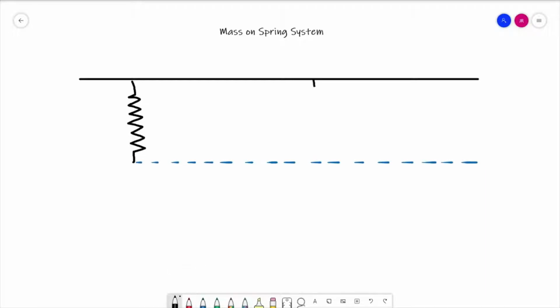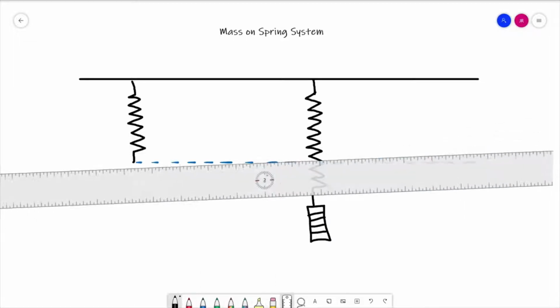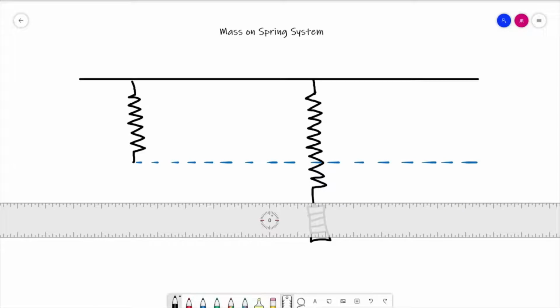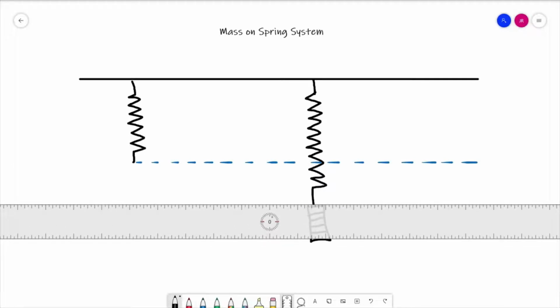If now we put a mass, put a force onto it, then the spring will stretch. So there are the masses and the spring has stretched to that position there.